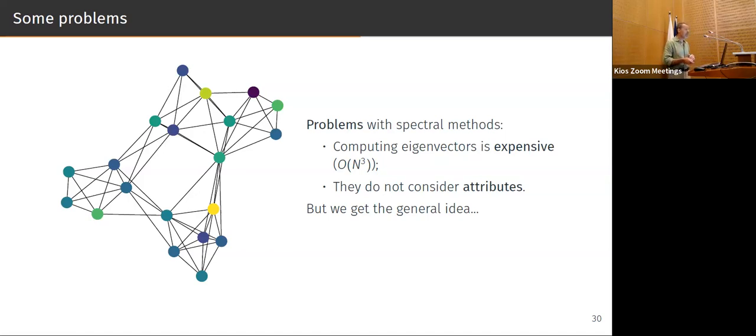And the second problem with these methods, though they are effective, so we should not ignore them by definition, is that they don't consider the attributes, the features. They just look at the topology of the graph. They are based on the Laplacian only, not on the features.